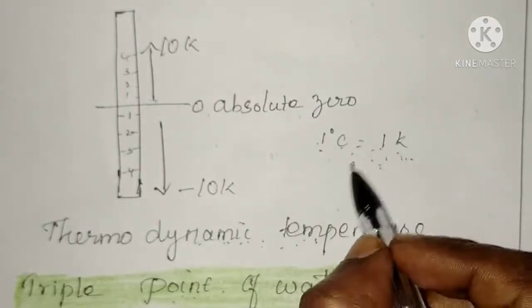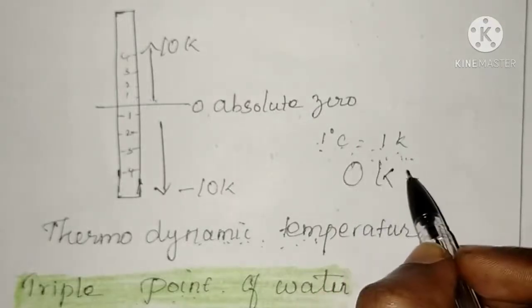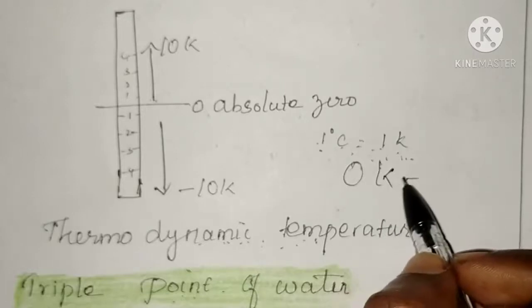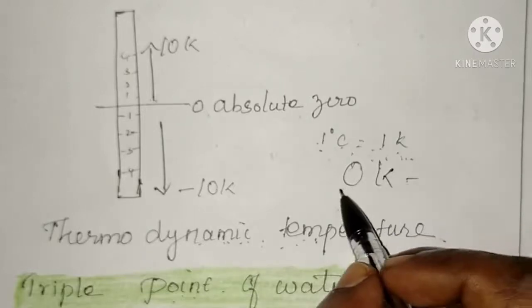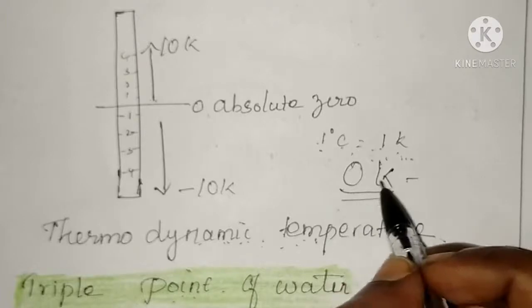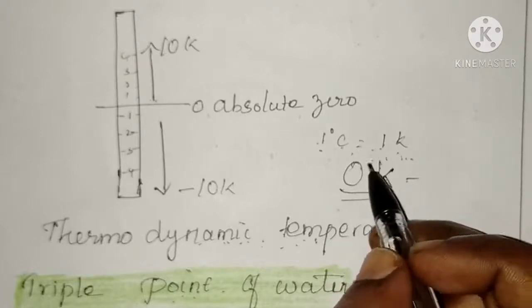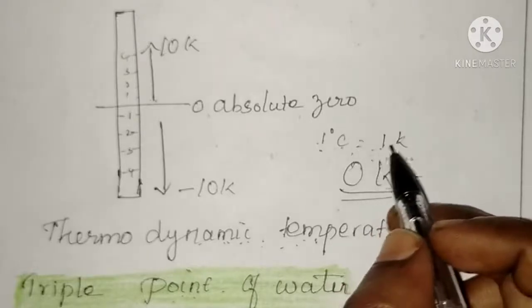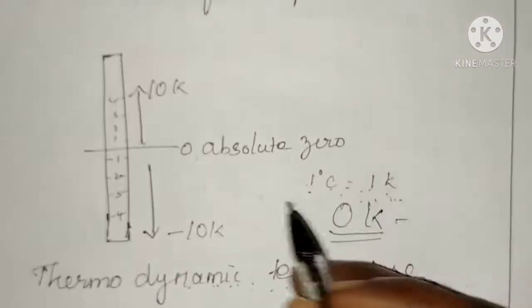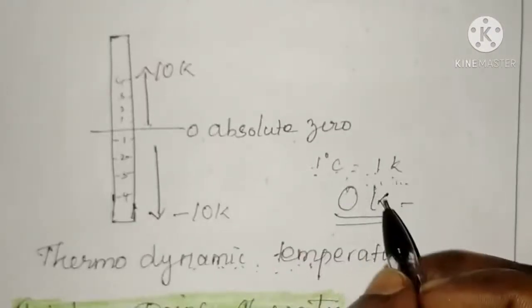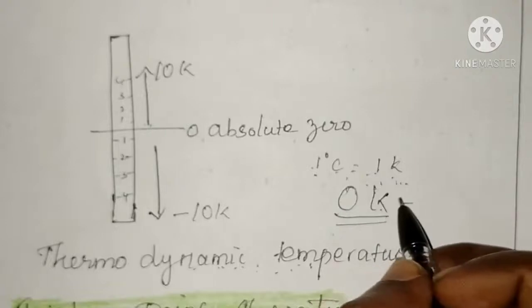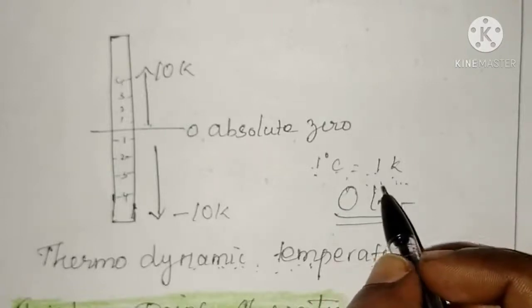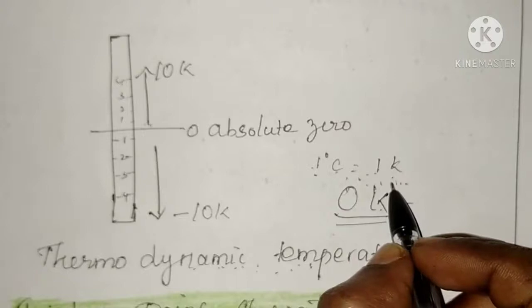So 0 Kelvin represents the absolute scale of temperature of the body. From this 0 Kelvin only we can measure temperatures.